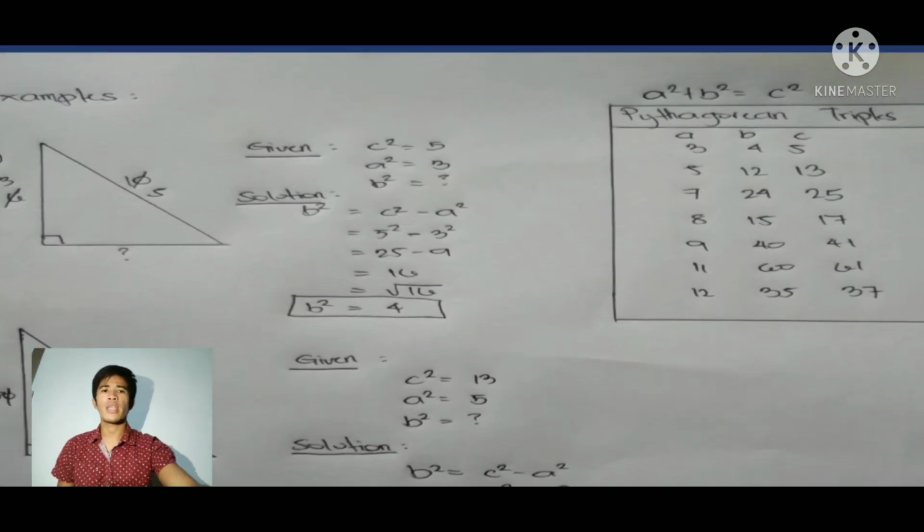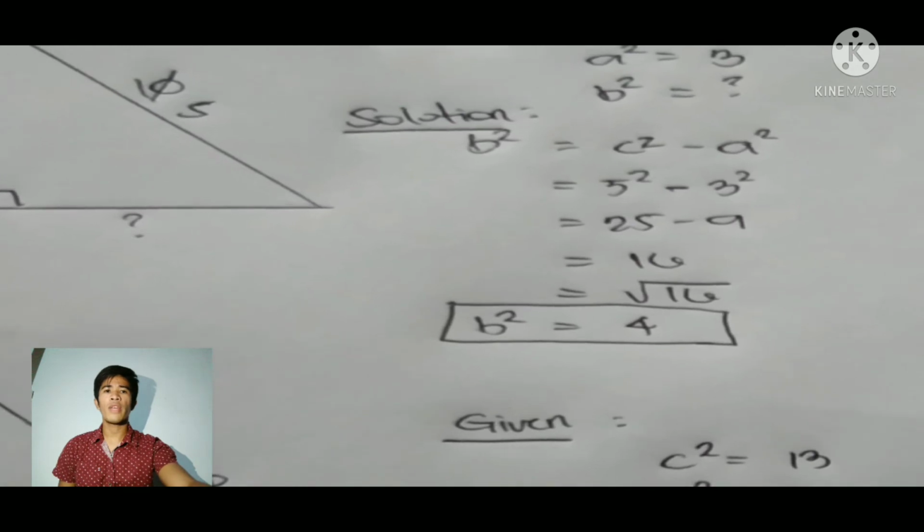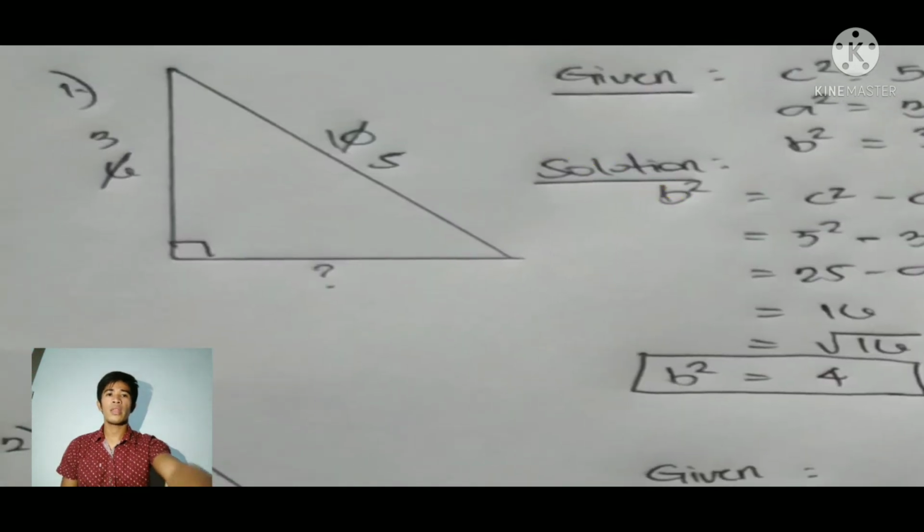So, as you can see, no, our given 10 and 6. So, both given, no, pwede natin silang ma-divide into 2, right? Okay, so 10 divided by 2 is 5. So, 6 divided by 2 is 3.